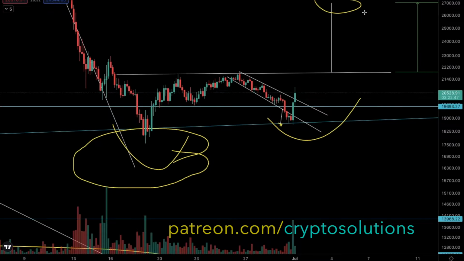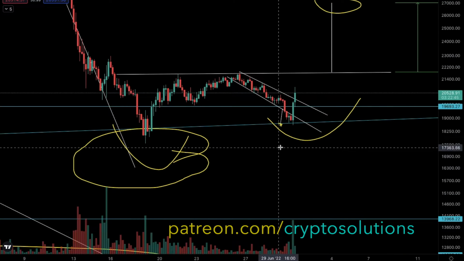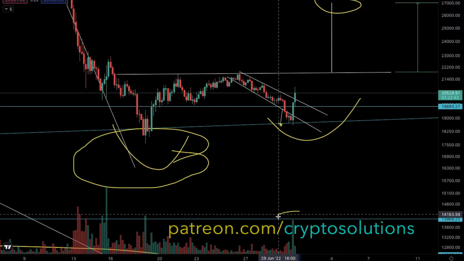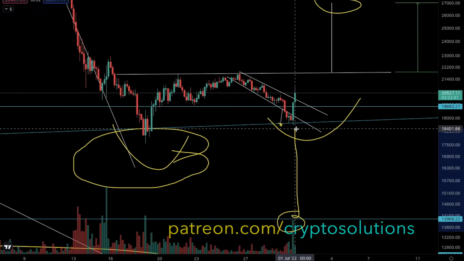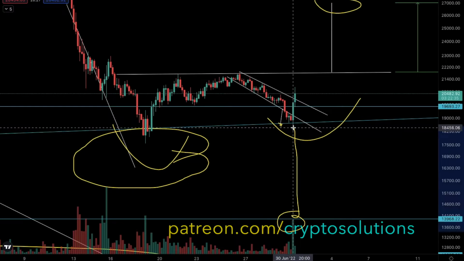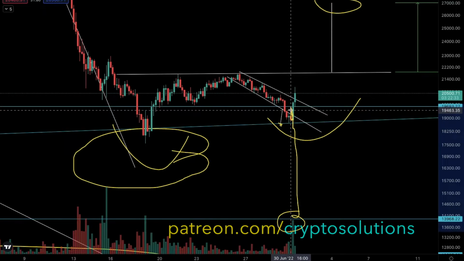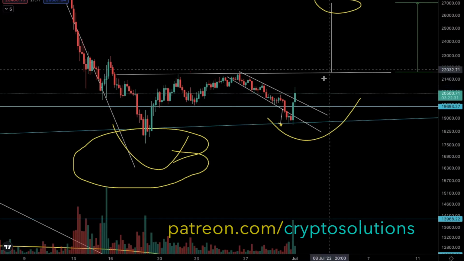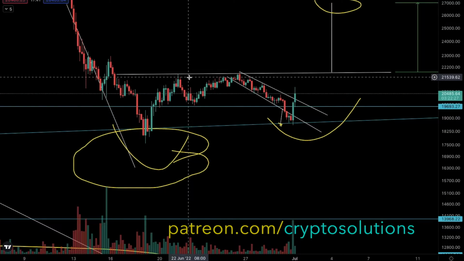Also, I want to mention that last pump right there. Look at that. This was the last 4-hour body candle close before the June monthly body candle close, and look at that pump exactly at those levels I was mentioning, the previous all-time high for the Bitcoin price around that $90,667 level.